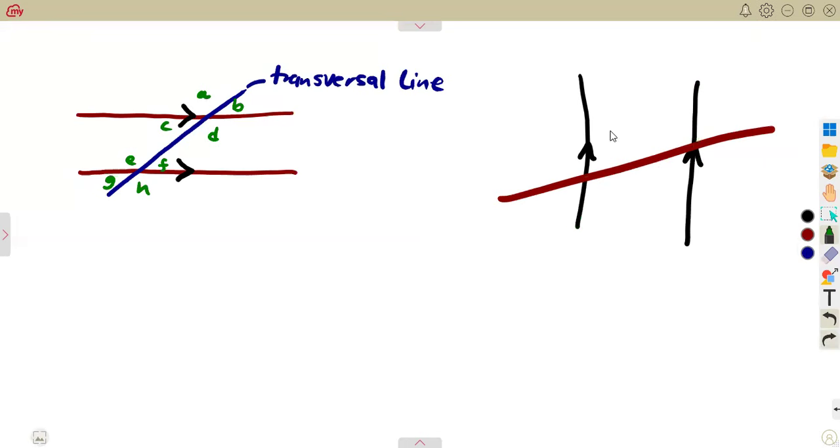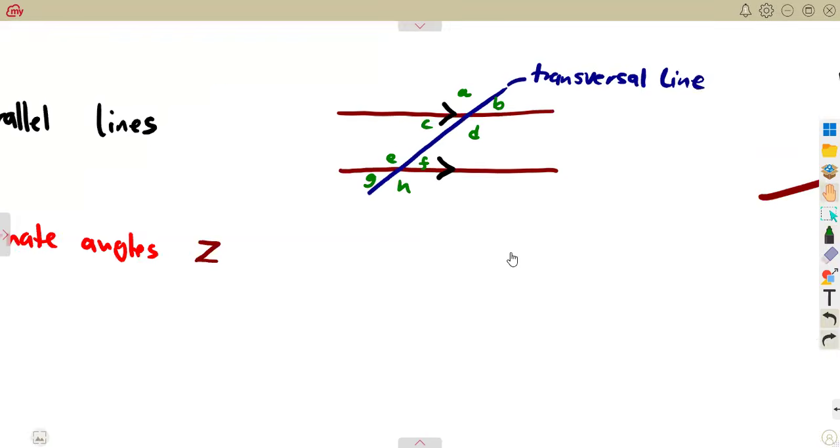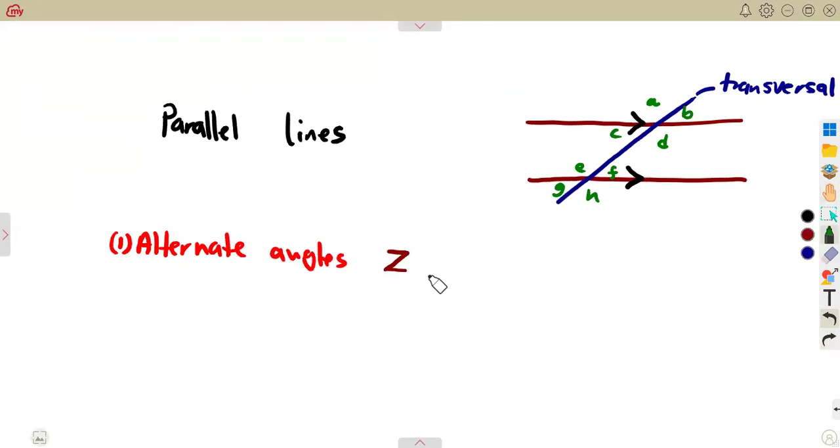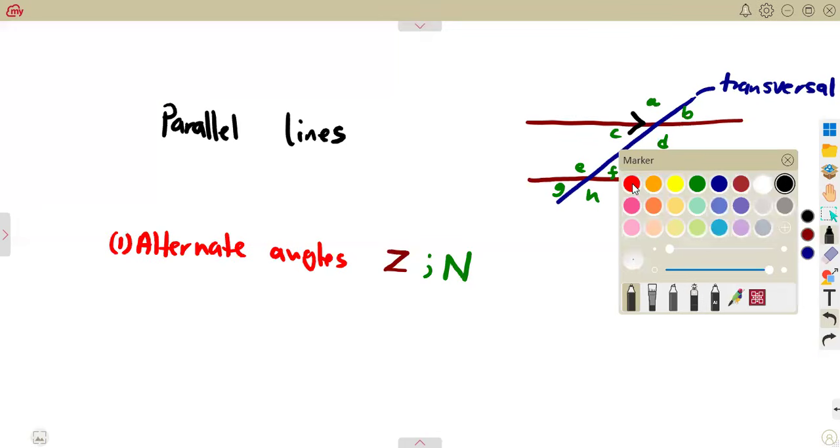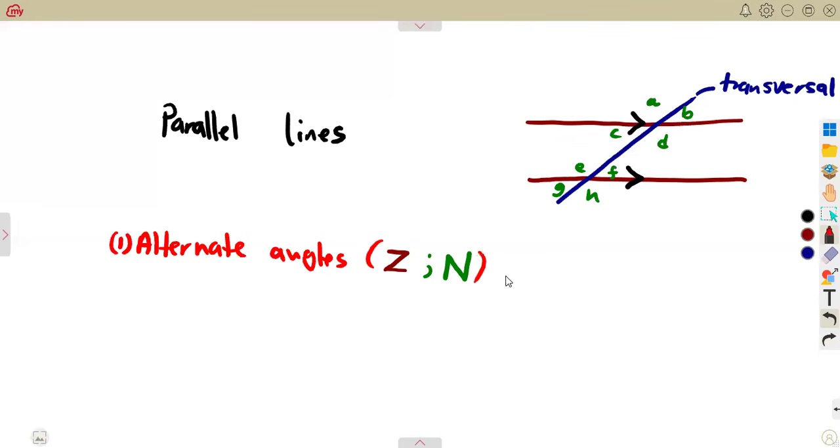We are creating the letter N like this, depending on the way you have it at the end. So it cannot just be Z, it can also be an N. So this is the presentation we are going to have on these alternate angles, Z or N.